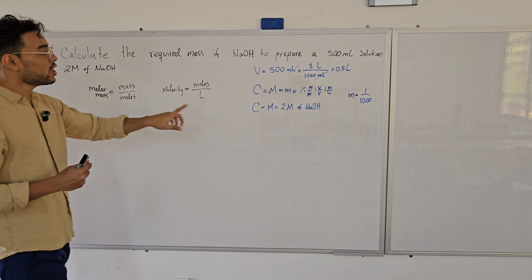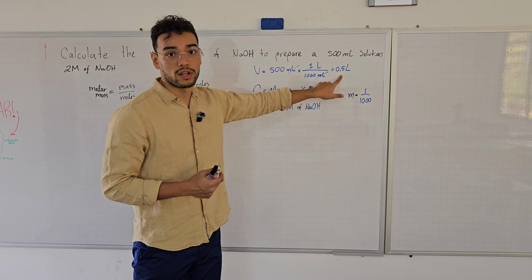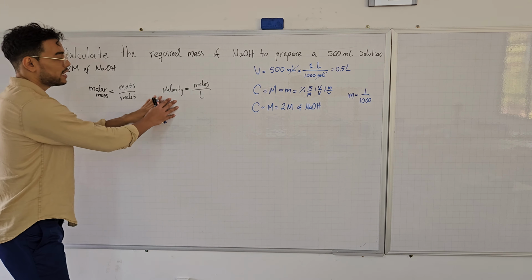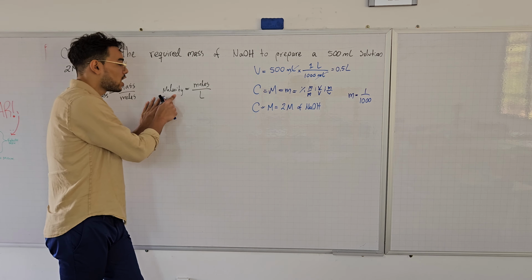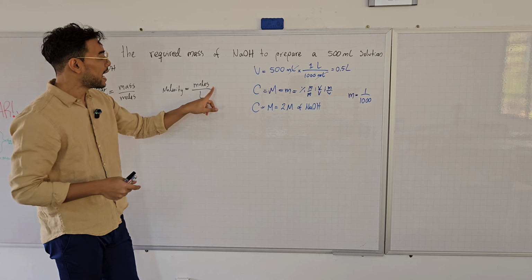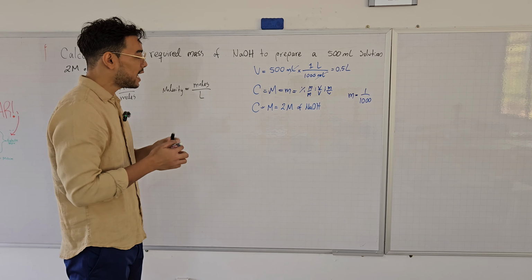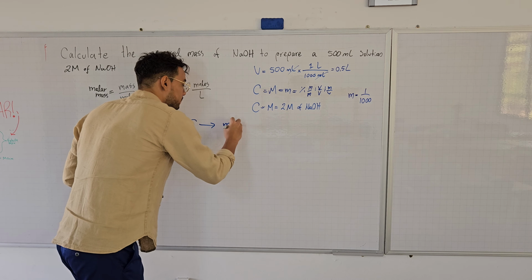So we know the concentration and we know the volume. So what can I use to solve this? If we pay attention right here, the molarity formula relates the concentration with the volume, molarity with liters. And we require to find the mass. But we are not able to go from concentration directly to mass.